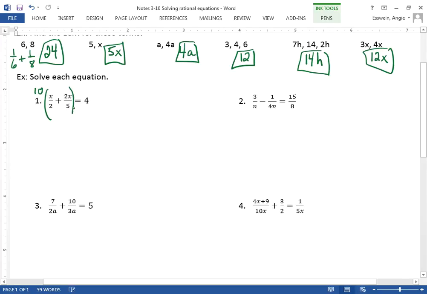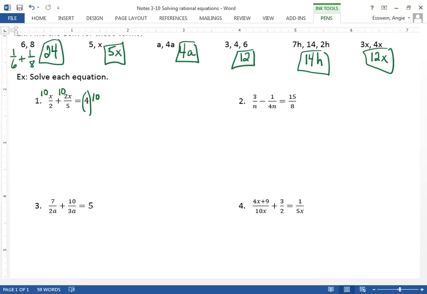You know that what you have to do to each side, right? You have to do the same thing to both sides. So you're going to multiply everything by 10. But what I'd prefer to do is write it next to every single term, just like distribute it right away. So watch. Just put the 10 times that and the 10 times that. Just write it next to every single term. That way you won't forget.